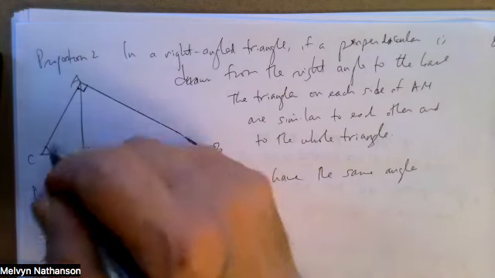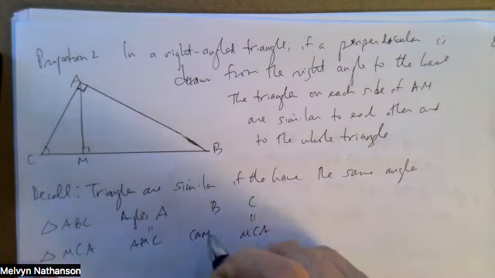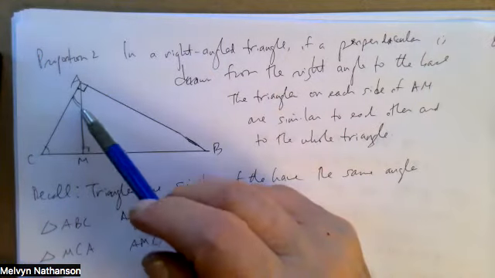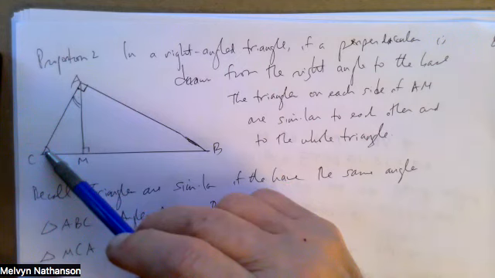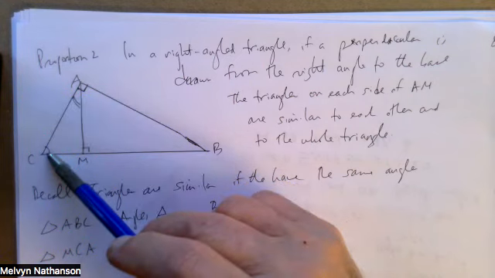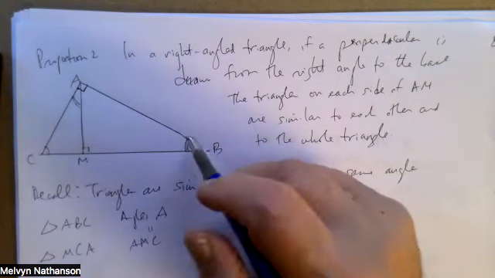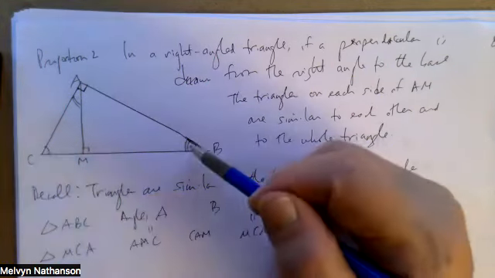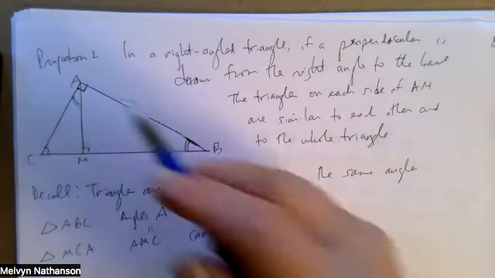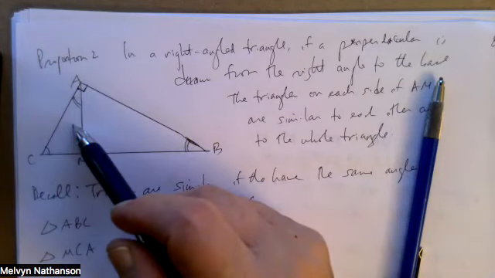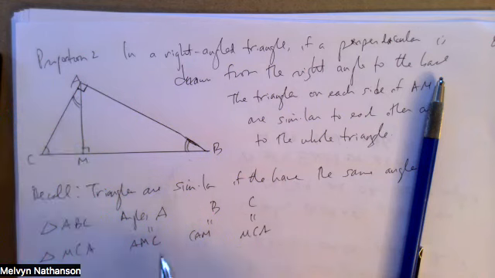The third angle is angle CAM. That's that angle. So this angle plus this angle add up to a right angle, because they're the two acute angles in a right triangle. In this big right triangle, this and this add up to a right angle. So this angle is complementary to C, and this angle is complementary to C. So angle CAM is equal to angle B. So in this little triangle, the three angles are equal respectively to the three angles in the whole triangle.